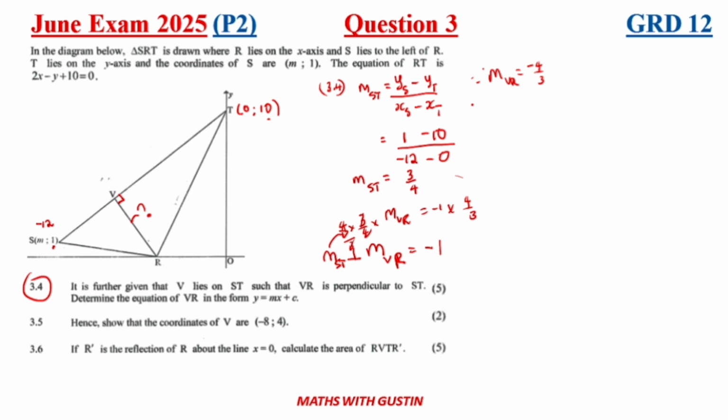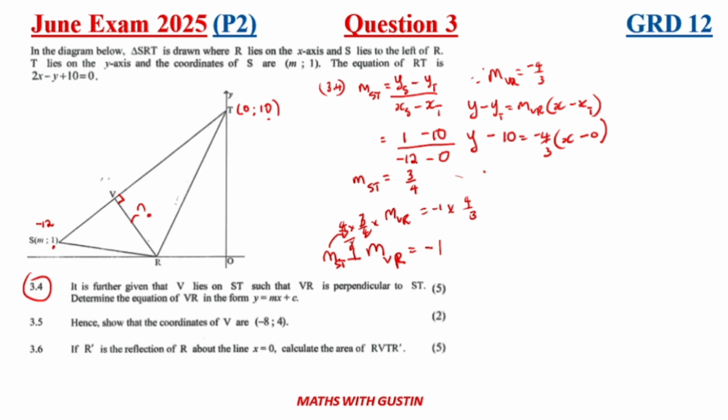Now with that, you can use this equation to substitute. We're going to use the point T and the gradient of VR: y minus the y at T, which is minus 10, equals -4 over 3, the gradient of VR, times (x minus 0), because the x at T is 0.